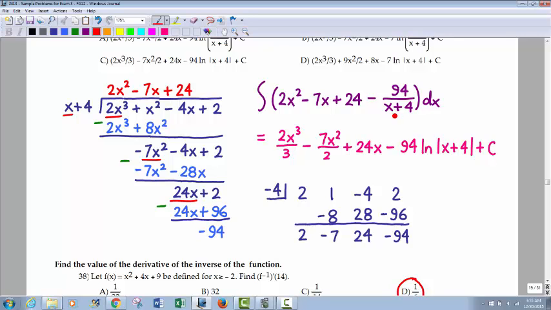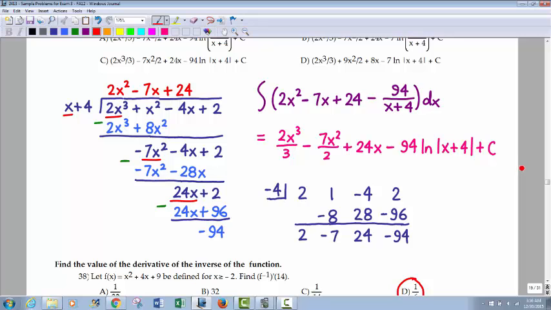I didn't actually show the work here, but I'll say it real quick: if you let u equal x plus 4, then du would be dx. So you would basically have negative 94 du over u, the integral of that. So the integral of negative 94 du over u would be negative 94 natural log of u, so natural log of x plus 4, plus C.